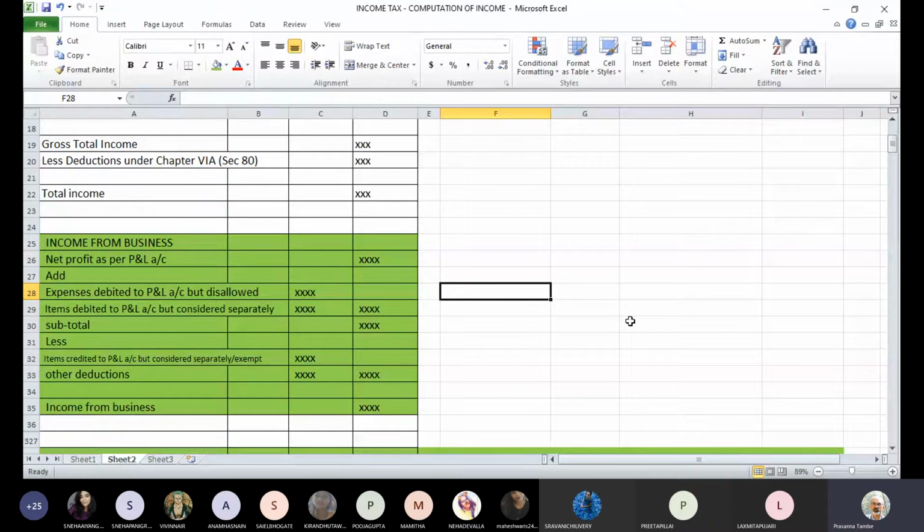We also add back all those amounts which are debited to P&L account but these are to be considered separately. Then we reduce all those items which are credited to profit and loss account but which are either taxable under some other head of income or which are not taxable at all, like exemption from tax. And then we also claim a deduction for other deductions like depreciation if it is required. With these adjustments, what you get is an adjusted net profit or income from business or profession.